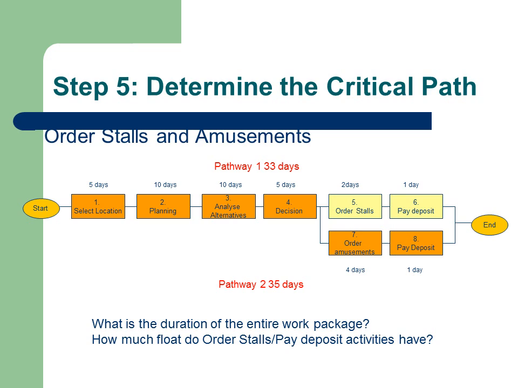This means they can be delayed by up to 2 days without delaying the project. The critical path is a very important concept for monitoring schedules, as the project manager must carefully monitor all activities on or close to the critical path to ensure that the schedule does not slip.